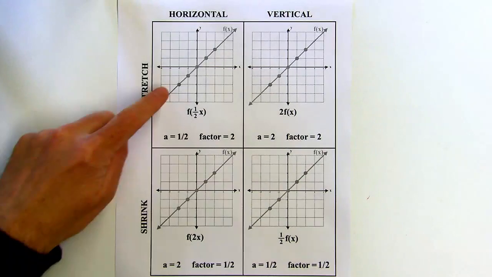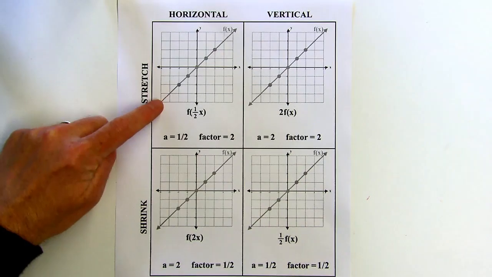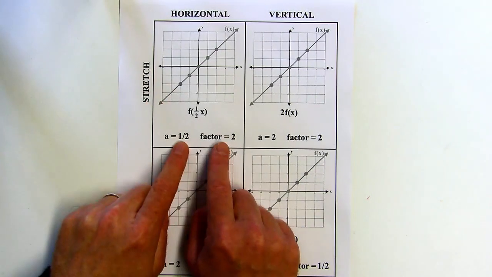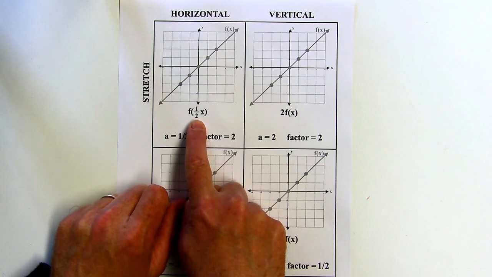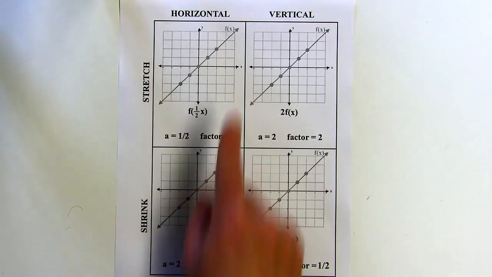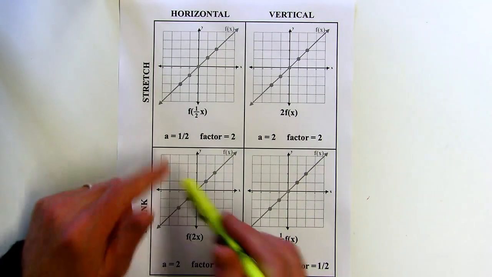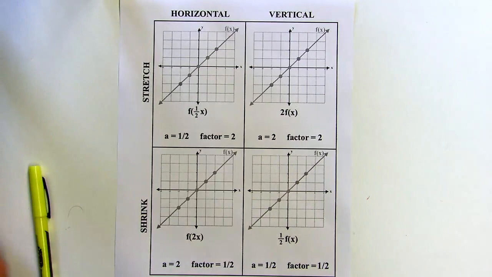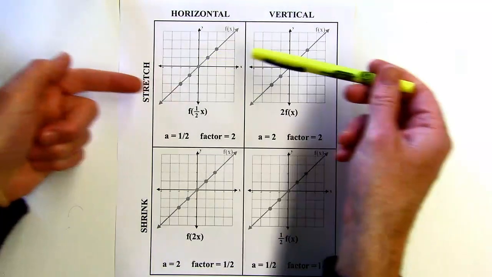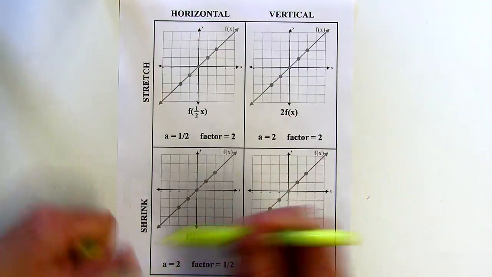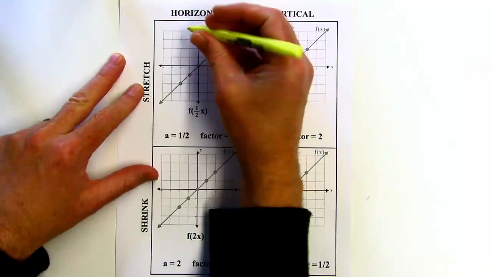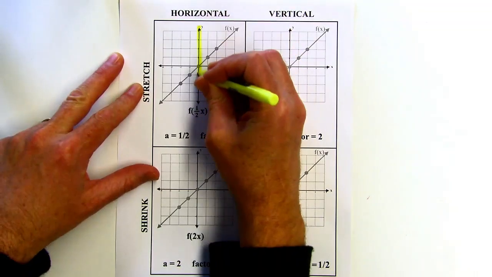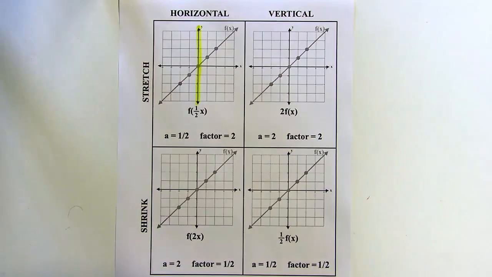So let's take a look at a horizontal stretch first. This is one where the a value and the factor are reciprocals. We're going to be multiplying by the input. Okay, and so let's graph what a horizontal stretch would be like with a factor of 2. All right, so horizontal movement means left and right. Since this is a stretch, these points are going to be moving away from the y-axis. I'm just highlighting the y-axis to mean that's what I'm moving away from.